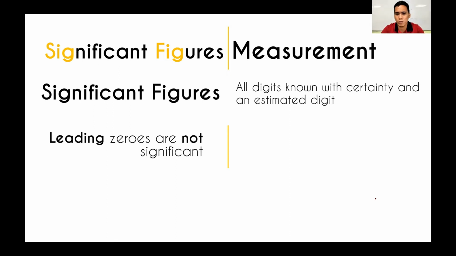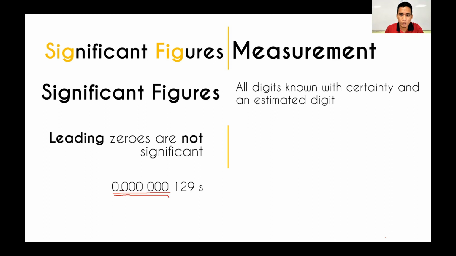So what does it mean when we say leading zeros? Leading zeros are those zeros that serve as a placeholder in the decimal point. So for example, in this case, these are leading zeros. They are zeros that have no non-zero digits before them. So they serve as a placeholder on the decimal point.